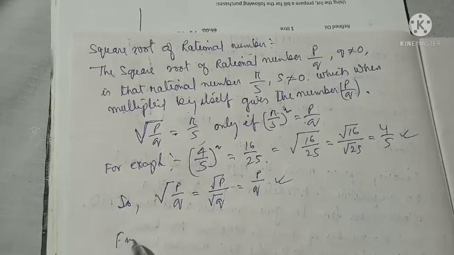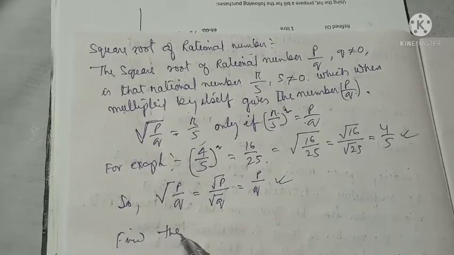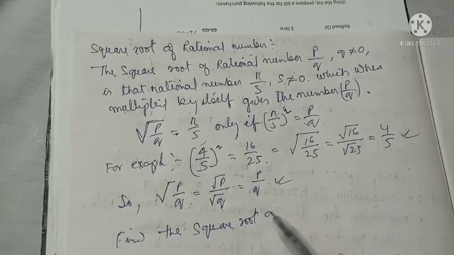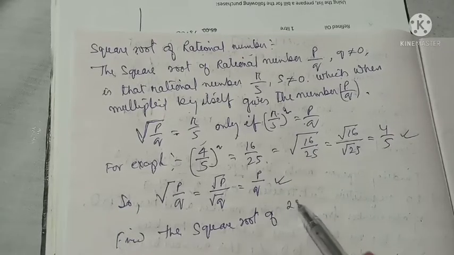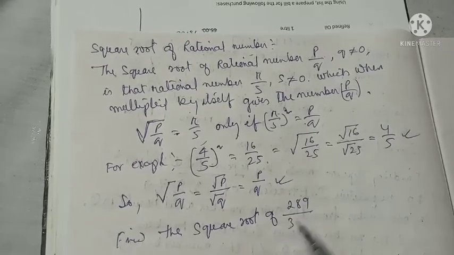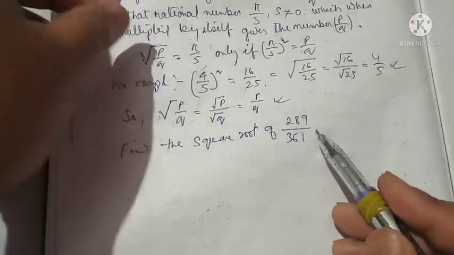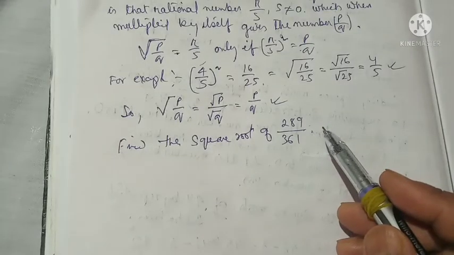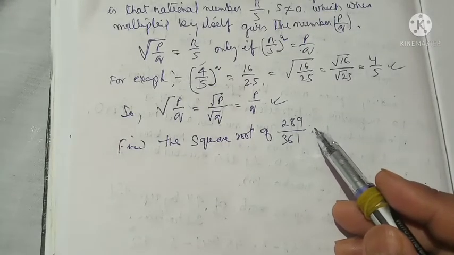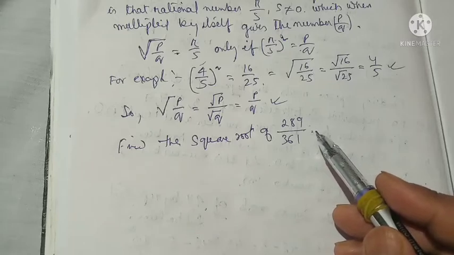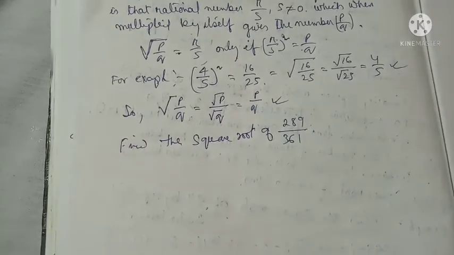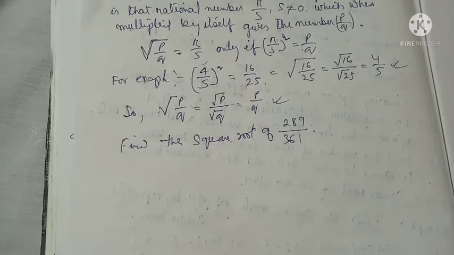Now let's see one example. Find the square root of 289 divided by 361. This is in the form of a rational number, or we can say a fraction.